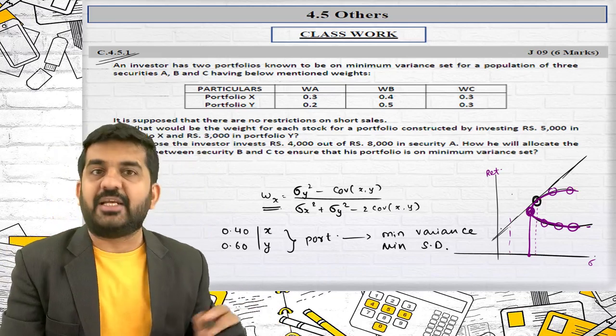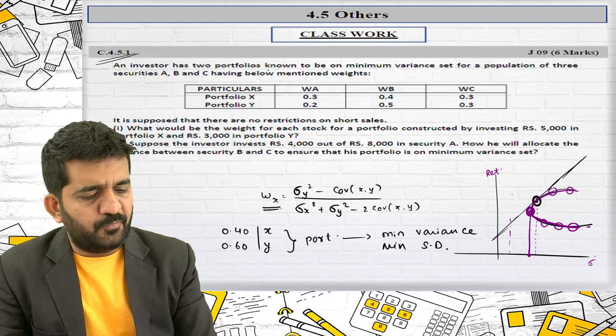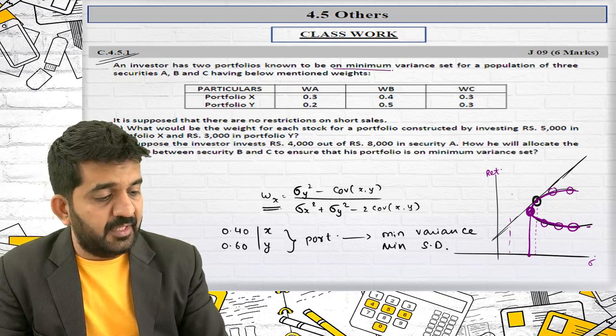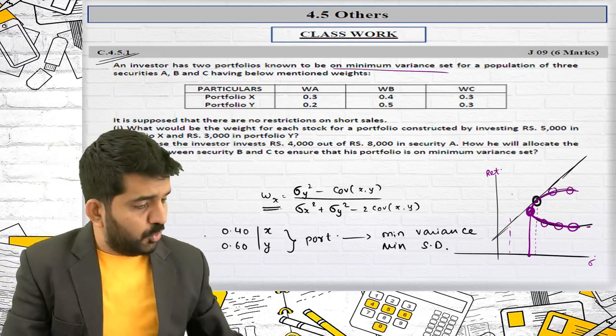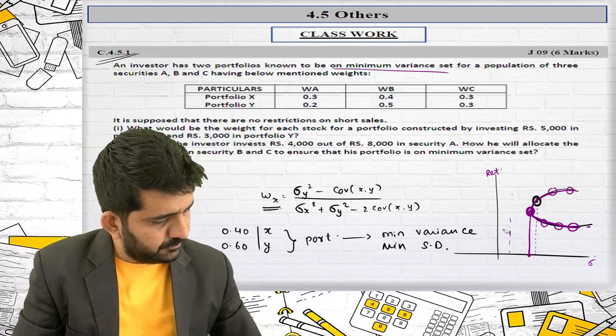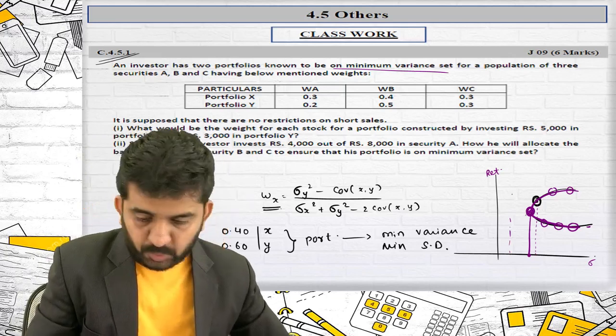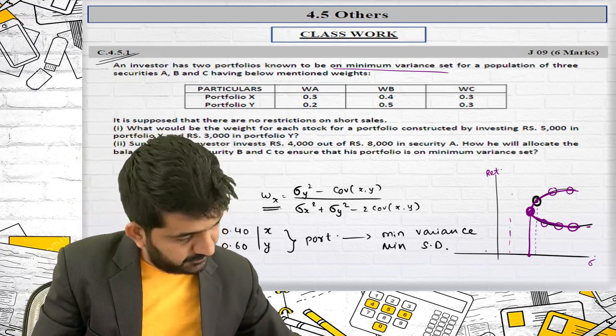Now try to understand this particular question. An investor has two portfolios known to be on the minimum variance set. I'm rubbing this line. Now the line passes through this particular figure.